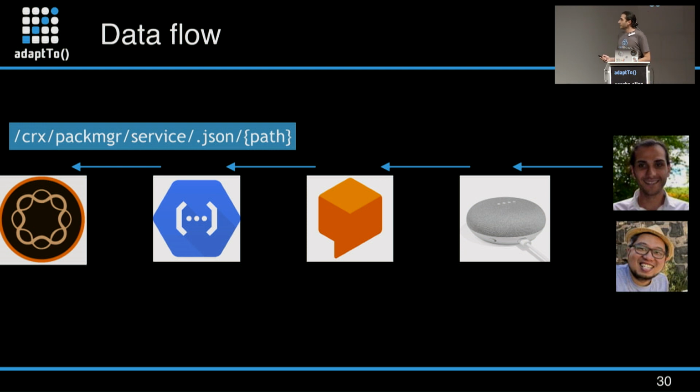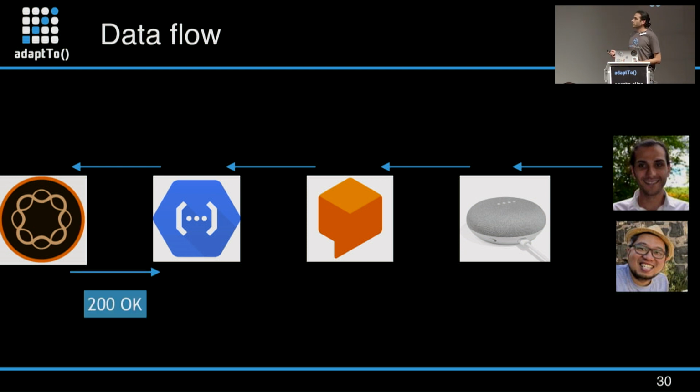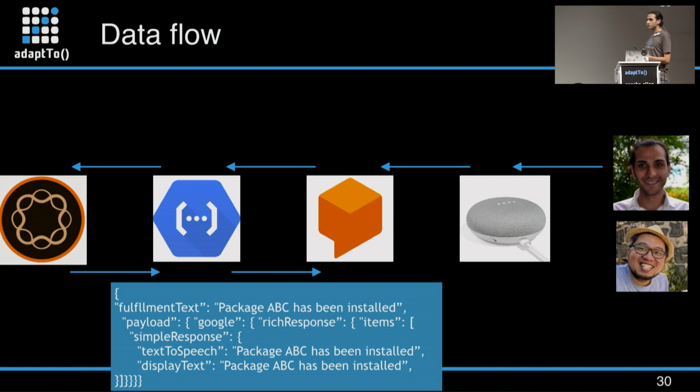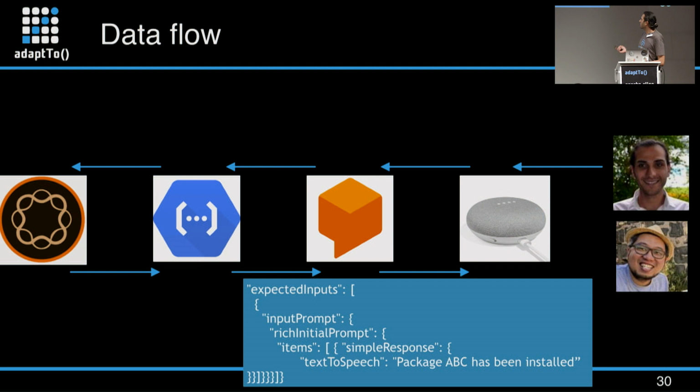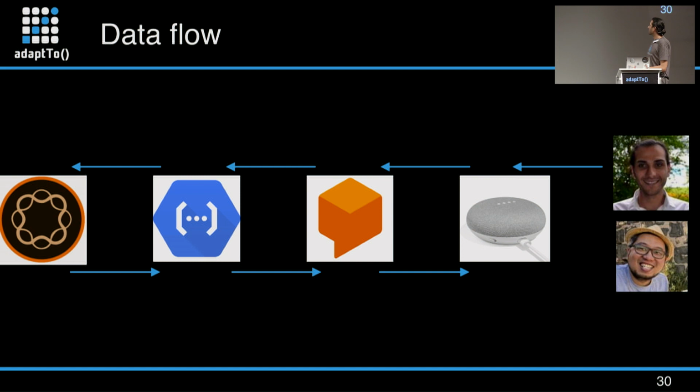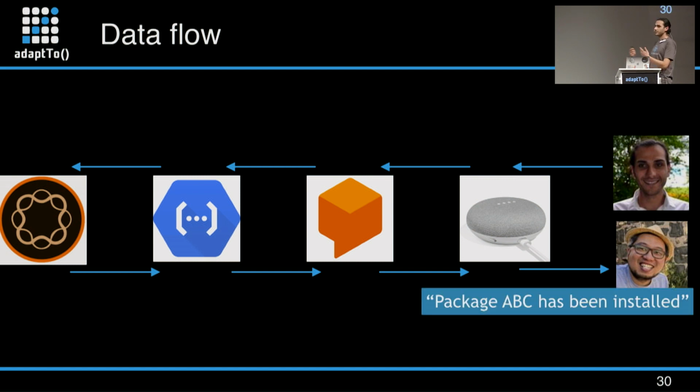And then AEM responds with a 200 response code. The Swagger AEM client receives the 200 response code, knows 200 means the package has successfully been installed, prepares a payload for Dialogflow, and Dialogflow then forwards the payload to the IoT device, and the IoT device receives the payload and translates the text to speech.